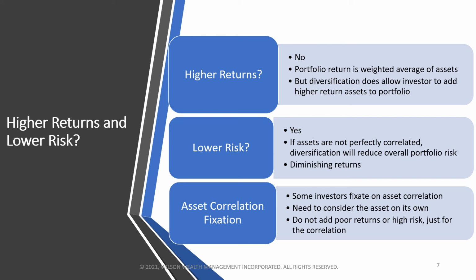The final point I'll make here is some investors become overly fixated on asset correlation. We're running around saying, oh, I've got this S&P 500 index fund, so I need to find negatively or low correlated assets to add.